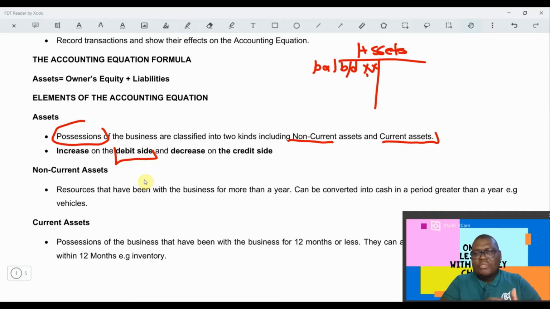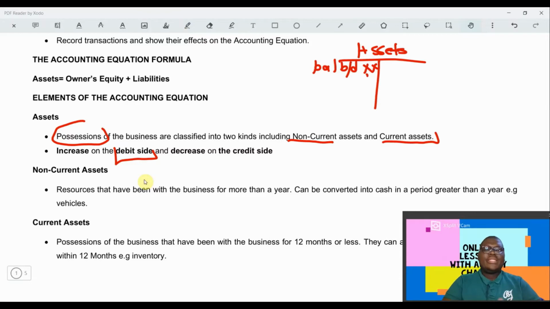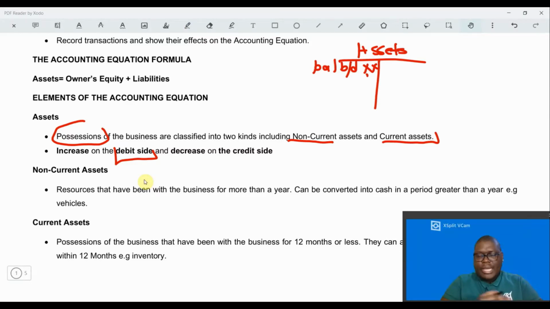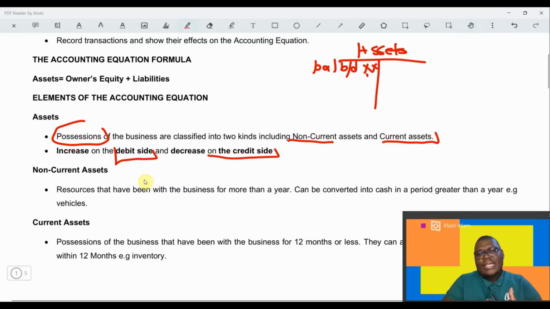So you need to have this information before you attempt to complete the accounting equation. The things that increase our assets are when we buy more assets. For example, in the business, we can buy things like a vehicle, land and buildings, equipment and so forth. And we are also told that assets decrease on the credit side. They decrease on the credit side.